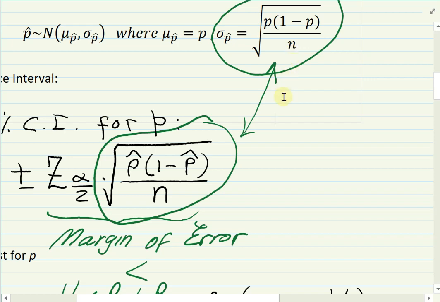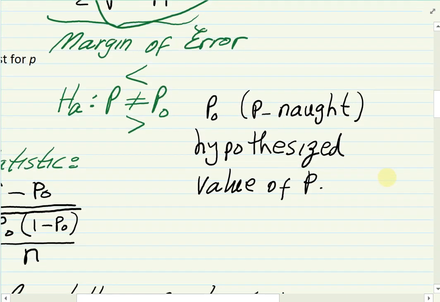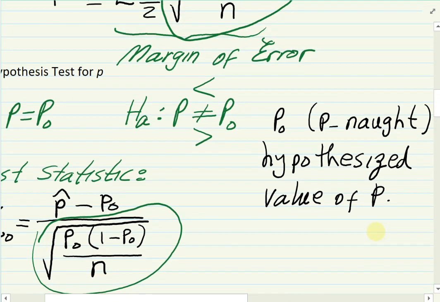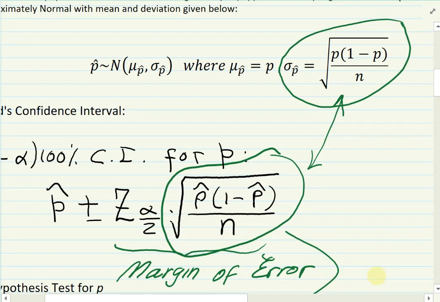So that's one thing I want to mention. The other is the denominator. Try to compare it with what's up here for the confidence interval and with what's directly above it. It looks like we have three different formulas. To recap, the top one is the standard deviation of the sampling distribution.